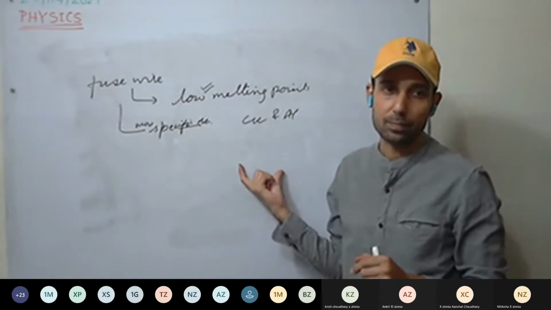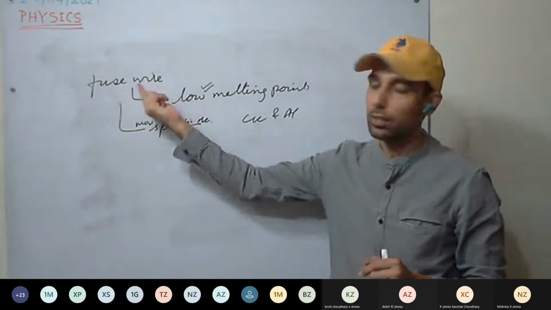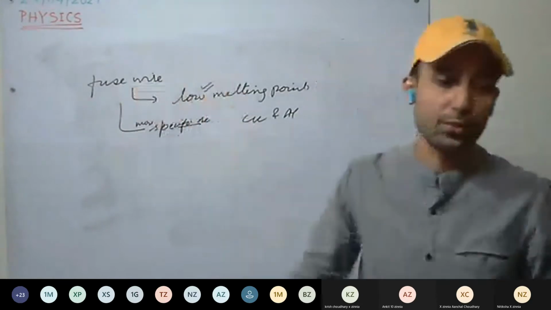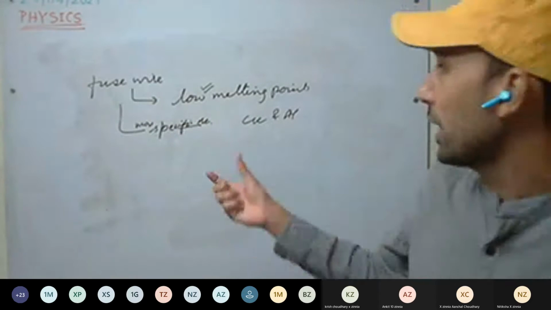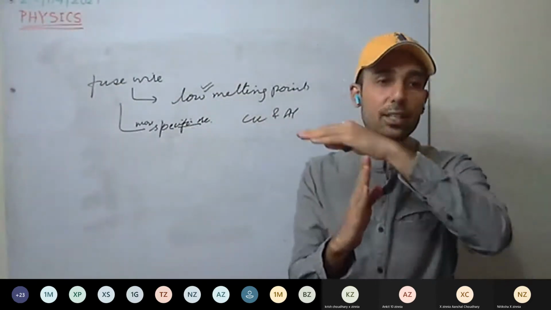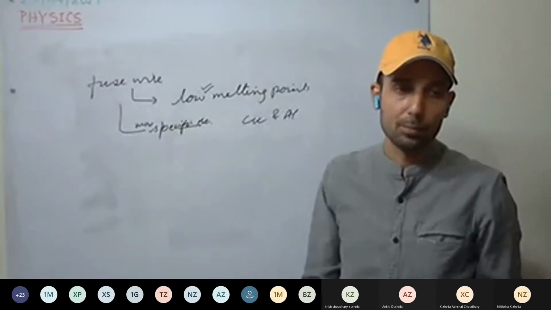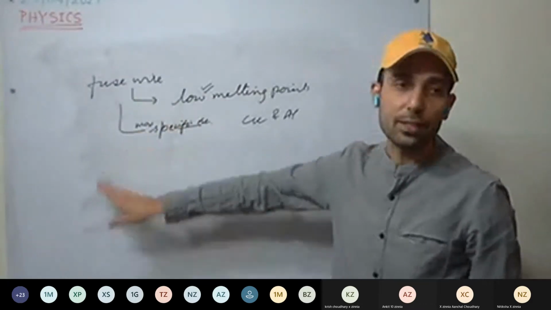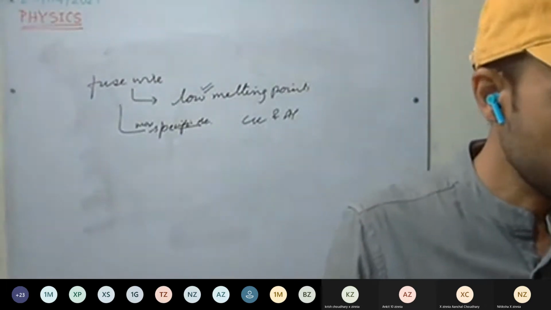So this acts as a safety measure. Fuse wire provides a safe limit to the current. That is, there is a limit, and exceeding that, current cannot pass because the fuse wire will melt down. So it has limited the current passing through the particular wire. Understood this one, fuse wire?